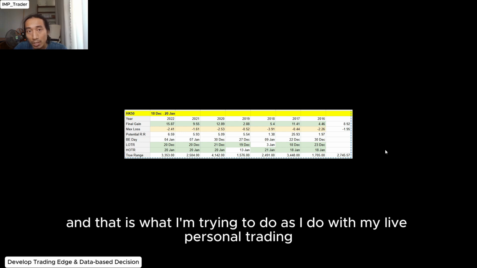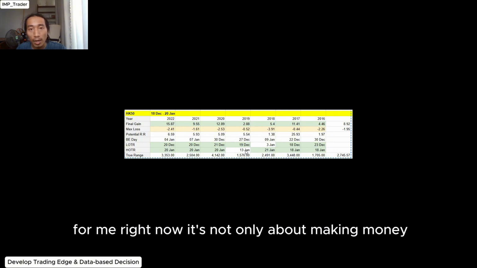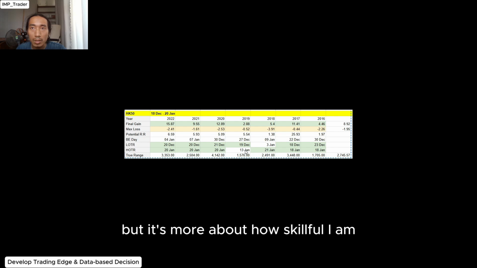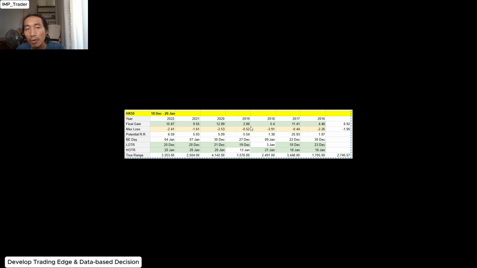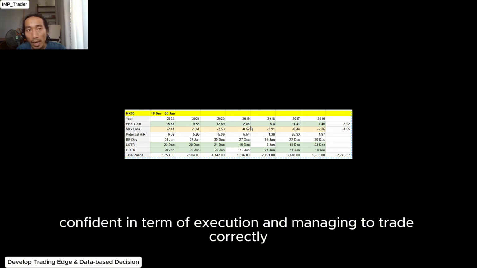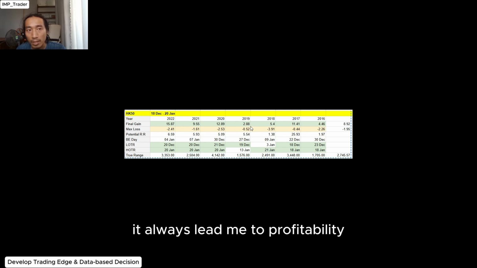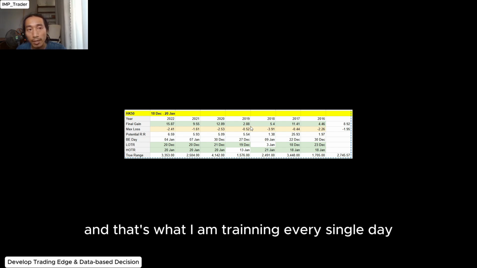And that is what I'm trying to do with my personal trading. Right now it's not only about making money, but more about how skillful I am in terms of execution. And sometimes less data, but confidence in execution and managing the trade correctly, always leads me to profitability, and that's what I am training every single day.